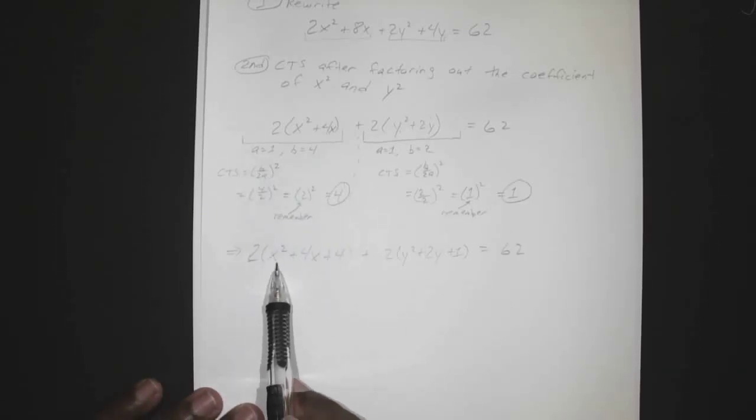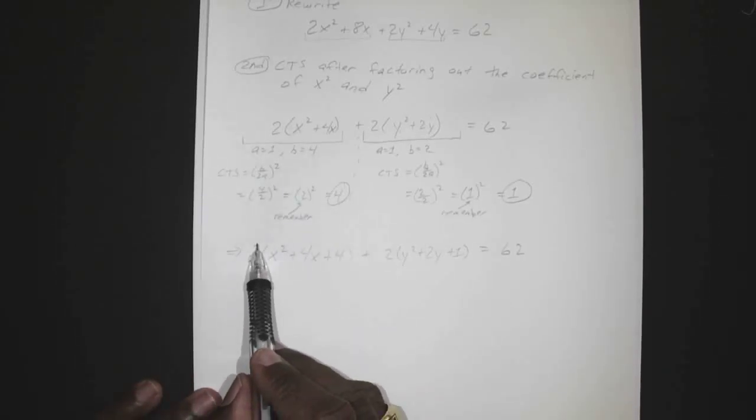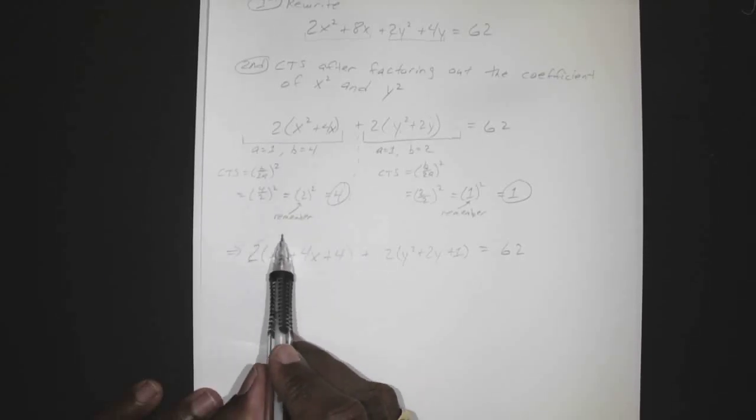And there's a reason you couldn't just add those two to both sides. Because once you add 4 on the inside, you technically added 2 times 4, so really you added 8 just for that complete the square. If you added just 4, it would come out incorrect.